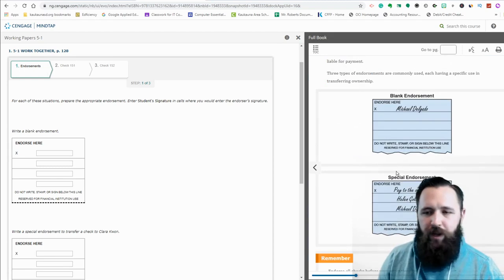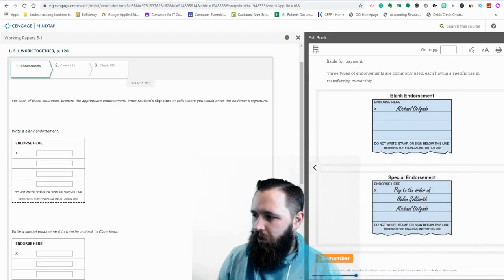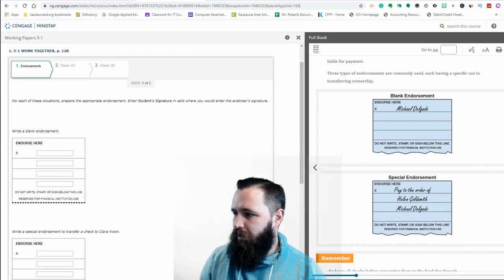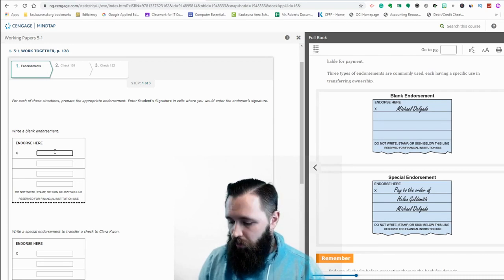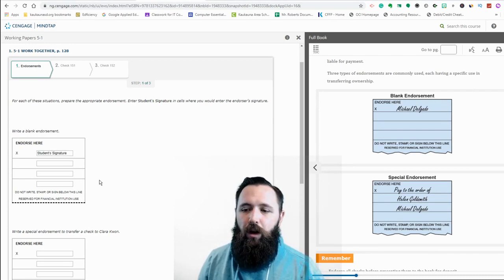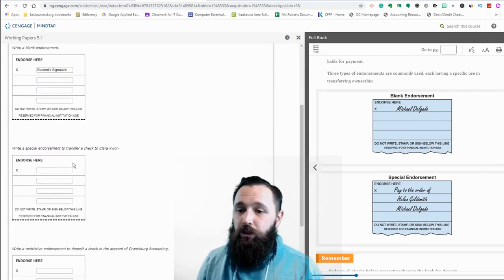I'm just going to give us some hints, right? So let me move. I'll move into the middle here. And the first one is going to be a blank endorsement. Well, we're just going to put our student signature right here because that's what a blank endorsement is. Next is write a special endorsement to transfer a check to Clara Kwan.